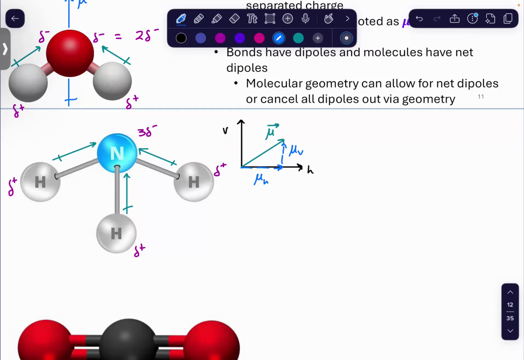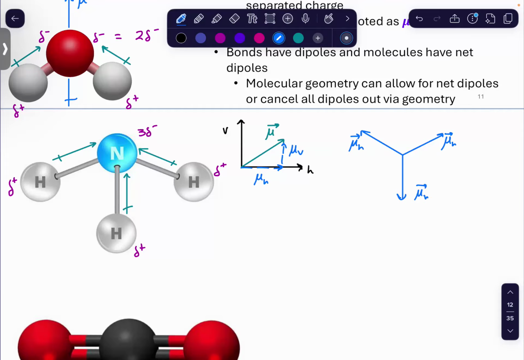So if you're looking straight down on the horizontal ones, what you're going to see is 3 equal horizontal vectors, they're all nitrogen hydrogens, pointing equally in the different directions of a circular symmetry.